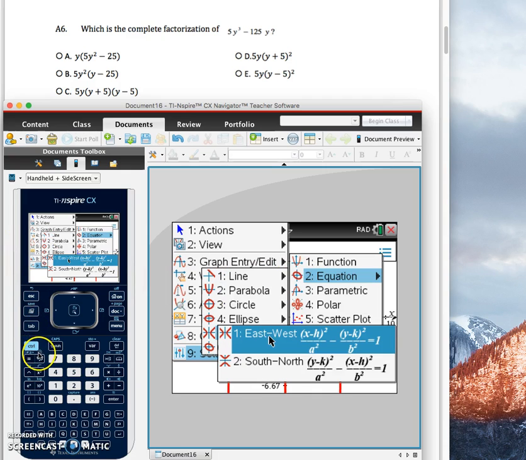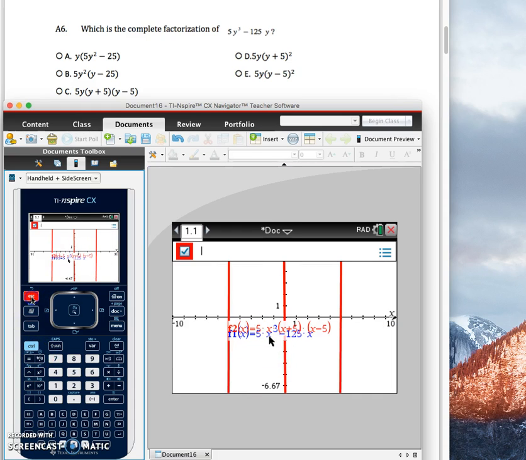So the best method for you would be, whatever you type in your function, put parentheses around the first piece, parentheses around the next piece.